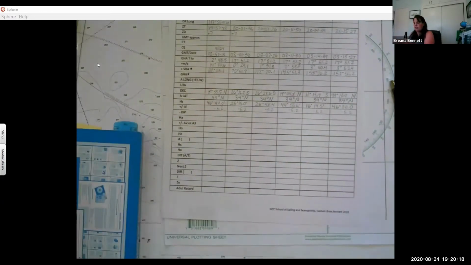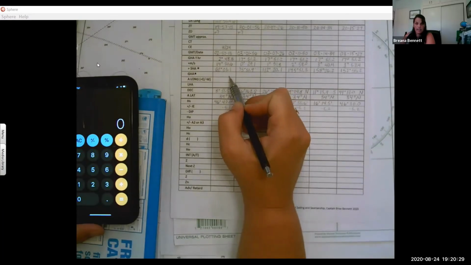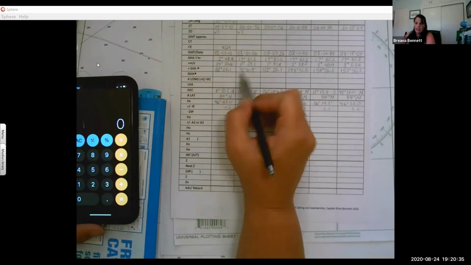Okay, so now we calculate. Our minutes and seconds and our SHA, we're going to be adding to get our GHA. And then we create our assumed longitude. So we're going to add these 3 numbers to get a GHA. I'm just going to add those all the way across the board here.